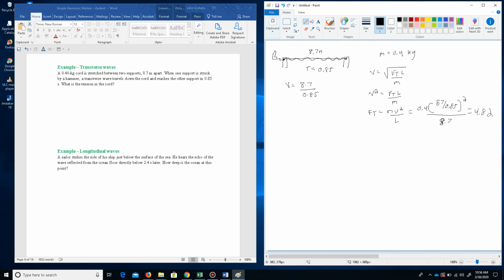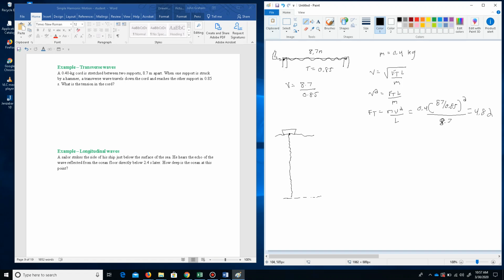So for the longitudinal wave, a sailor strikes the side of a ship just below the surface of the sea. He hears the echo of the wave reflected from the ocean floor directly below 2.4 seconds later. And he wants to know how deep the ocean is. Right, so here's the little boat, and he sends a sound wave all the way down, which that's the sound wave.